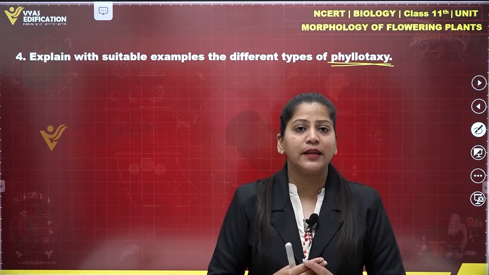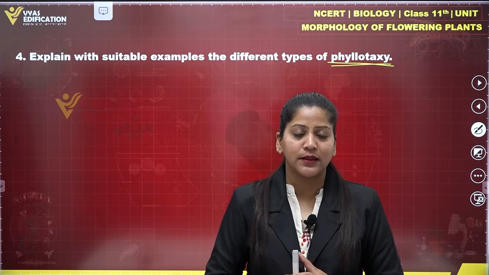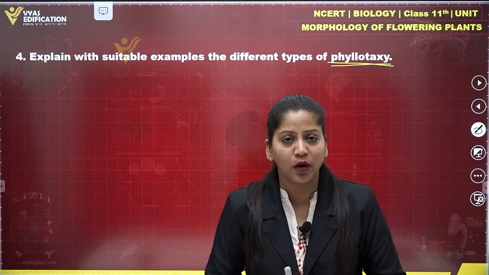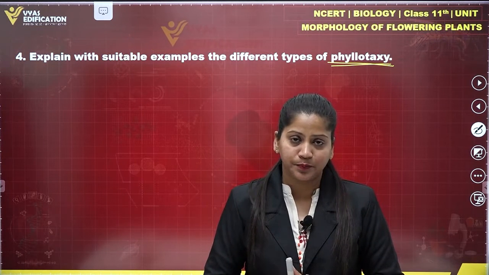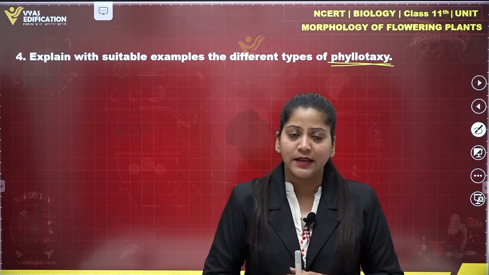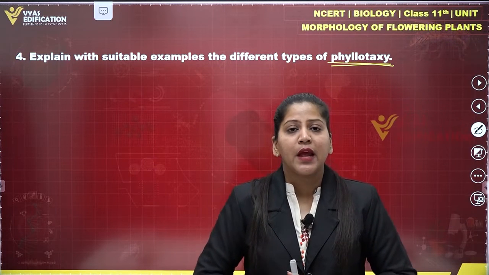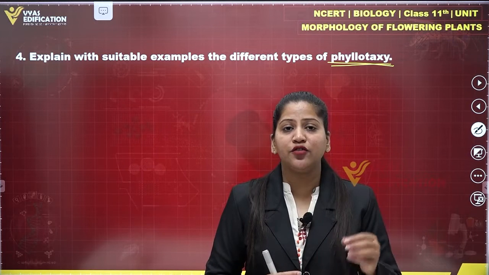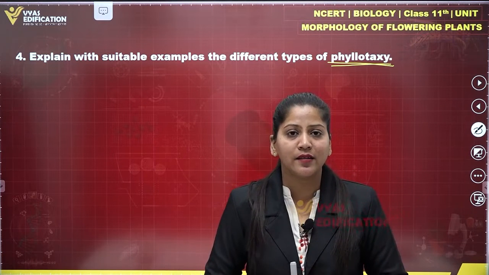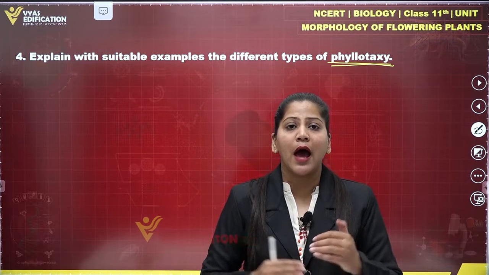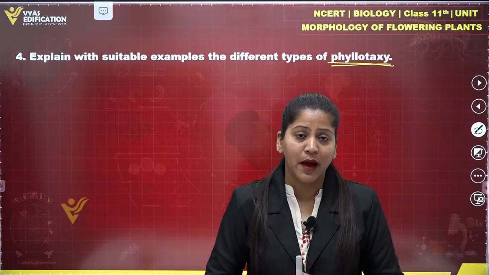We have basically 3 types of phyllotaxy: alternate, opposite and whorled. In alternate phyllotaxy, each individual leaf arises from each node and they are arranged in an alternate manner.